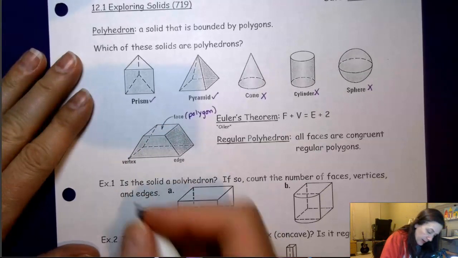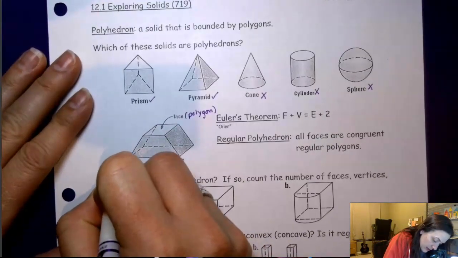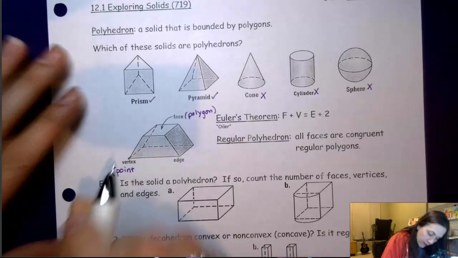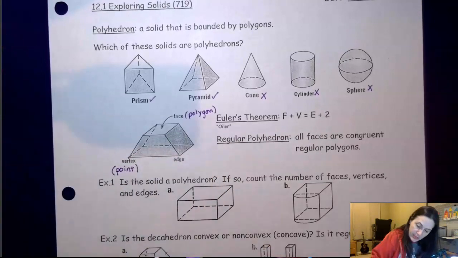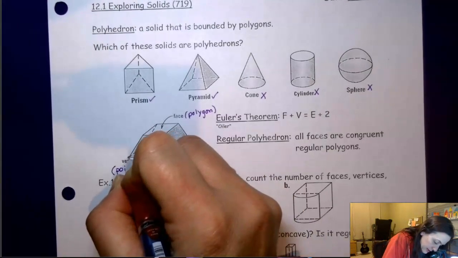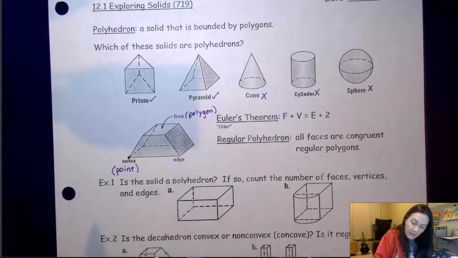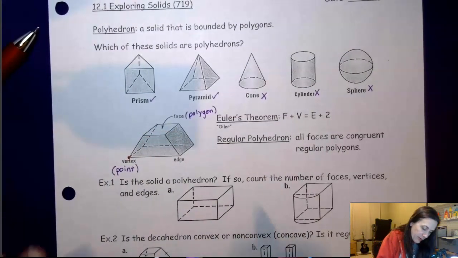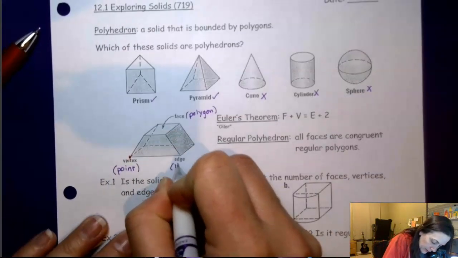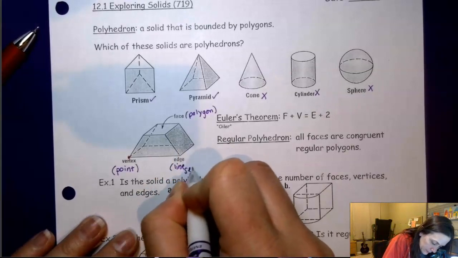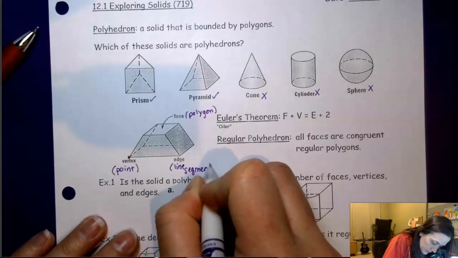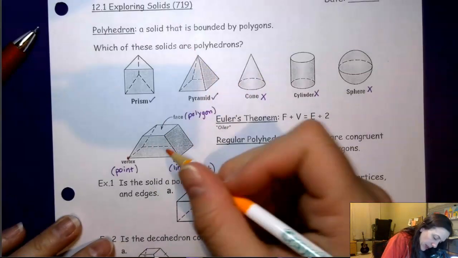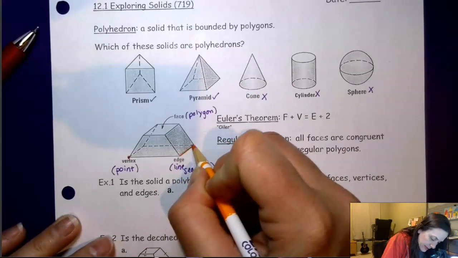The vertex is just the point itself. So this point right here is the vertex. The edge is going to be the line segment. So this right here is the edge.